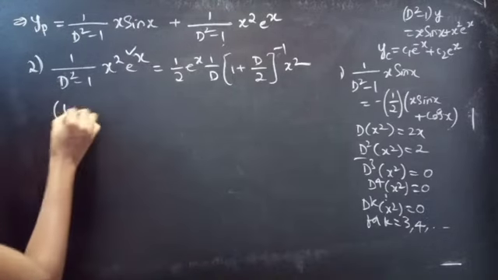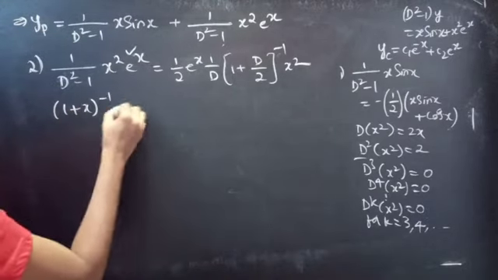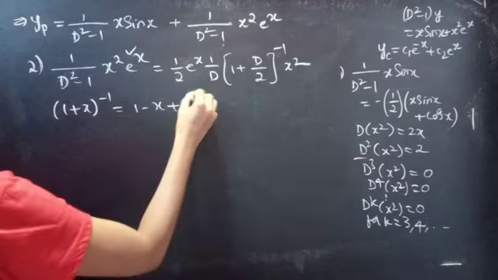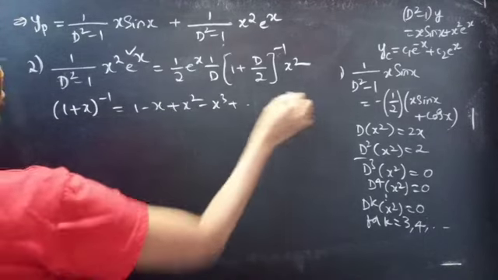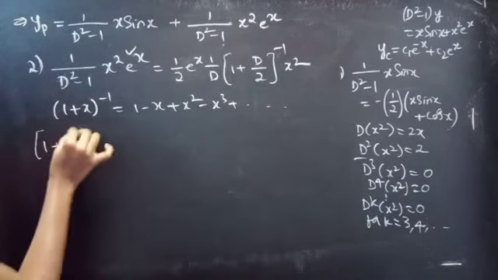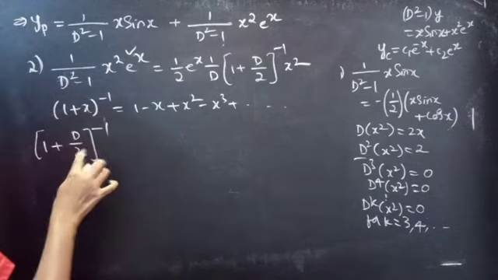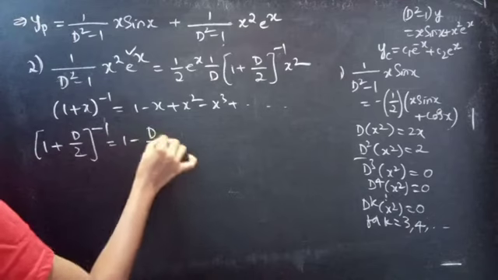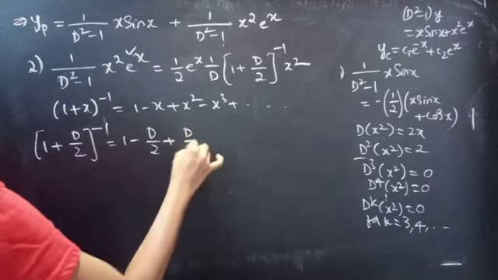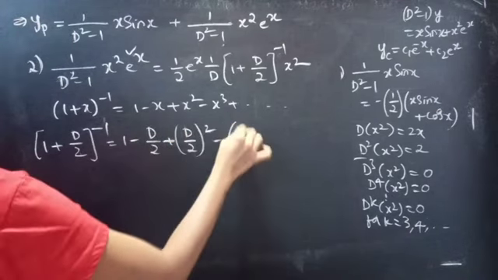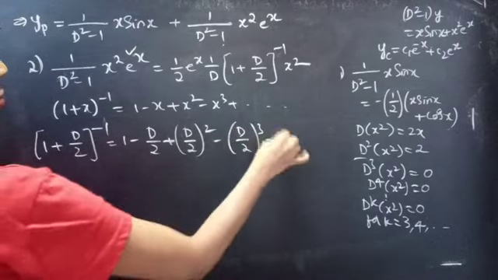We know that (1 + x) whole inverse equals 1 − x + x² − x³ plus and so on, right? Now let's expand (1 + D/2) whole inverse. For x equals D/2, we'll get 1 − D/2 + (D/2)² − (D/2)³ plus so on.